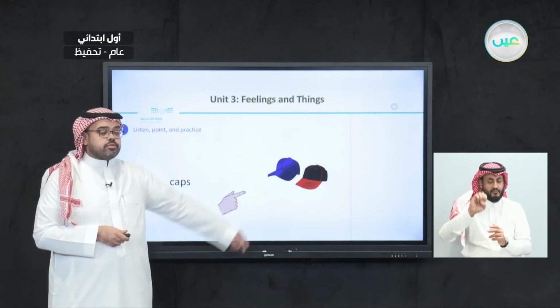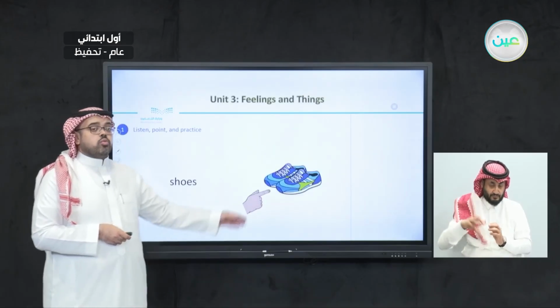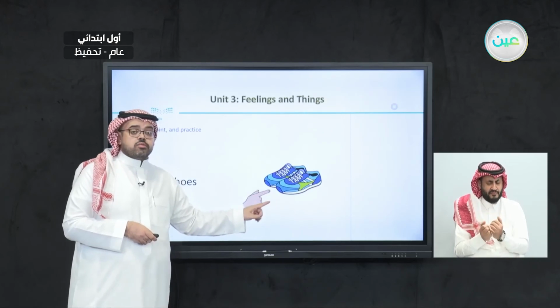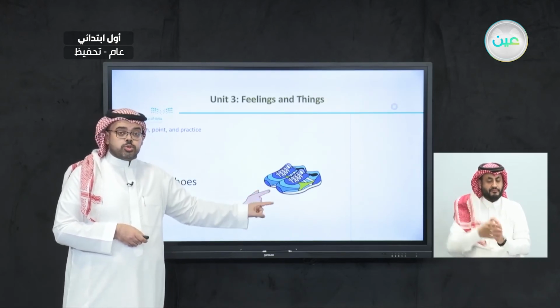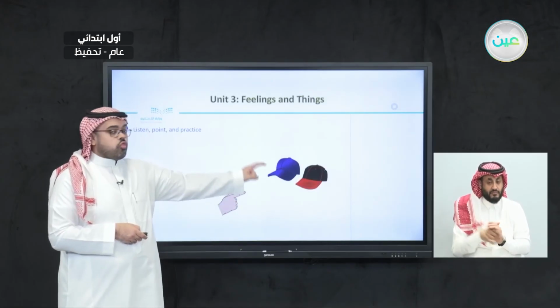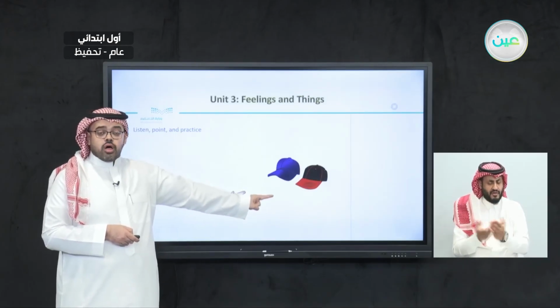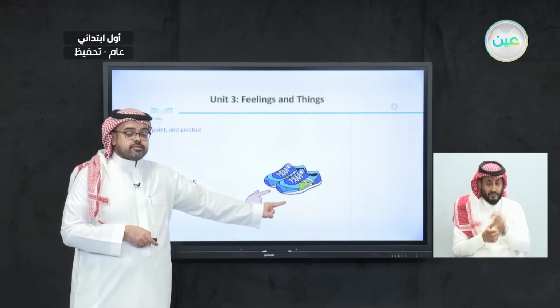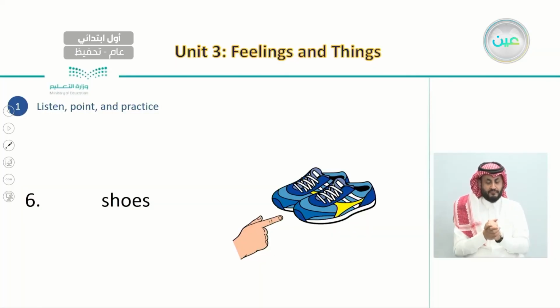And number 6, which is very close, here we said, these are shoes. So with cabs we said, those, and here we say these. This is the difference between those and these. We say these if something is close, these are shoes. And if something is very far, we say those are cabs. Very well.